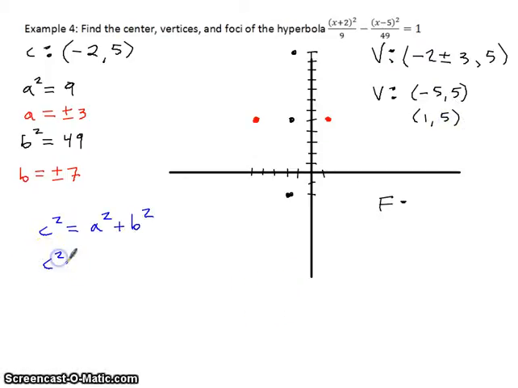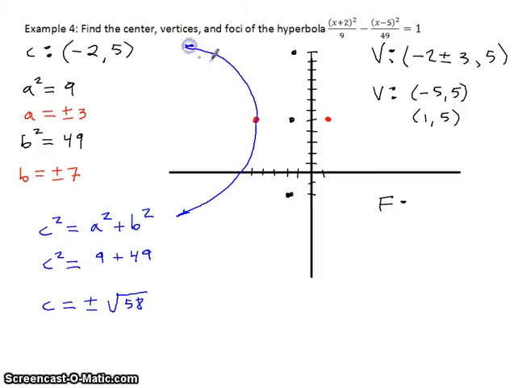Let's find the focus points. So we need to find the c values. I plug in a squared and b squared, and I end up with c equals plus and minus the square root of 58. And remember that the focus points are within the cup of the parabola, and our parabolas are shooting out this way.